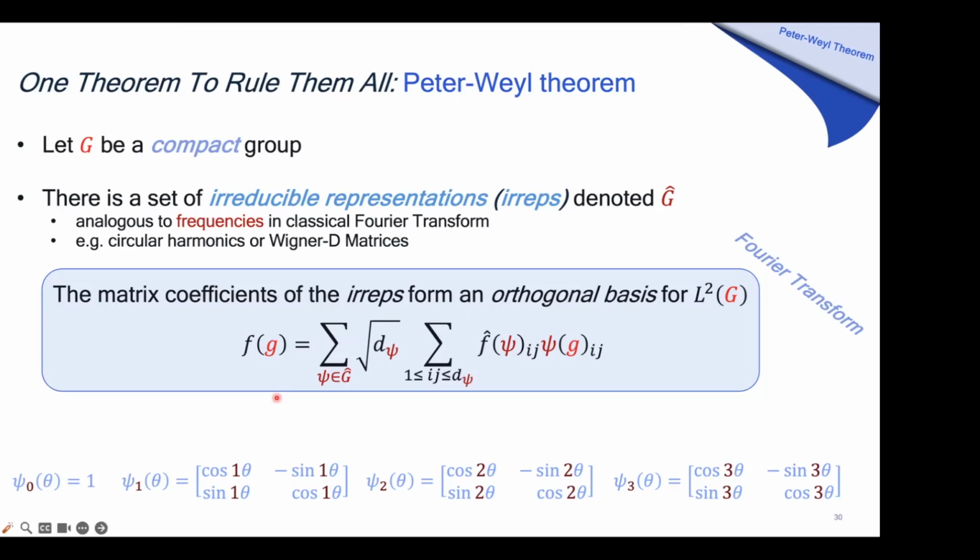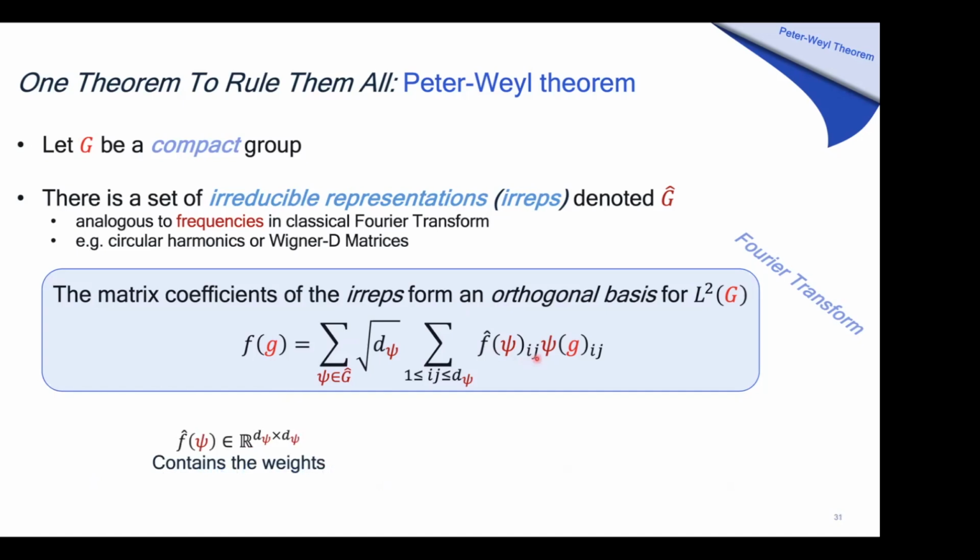In particular, these are the irreducible representations of the rotation group, and you can recognize in their entries the typical cosine and sine basis you can use to expand any periodic function. This is the definition of our Fourier transform. We just have one learnable coefficient for each irrep psi and for each entry of the irrep because they are matrix valued. So that's how we write it explicitly. I care more about the general intuition, so don't worry too much about this equation.